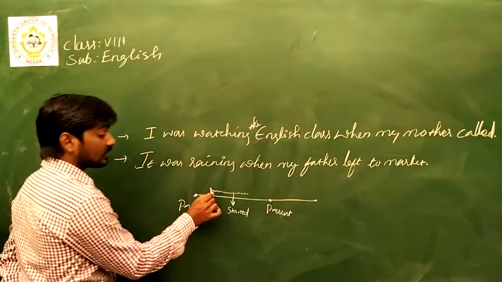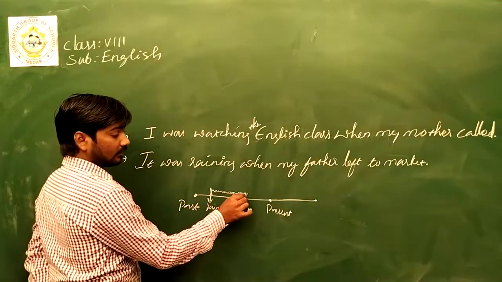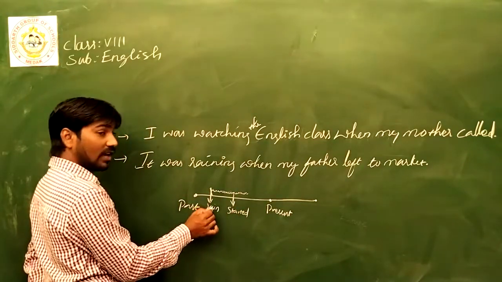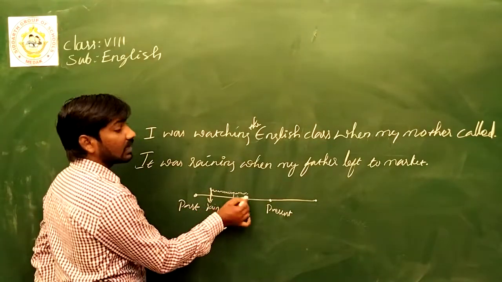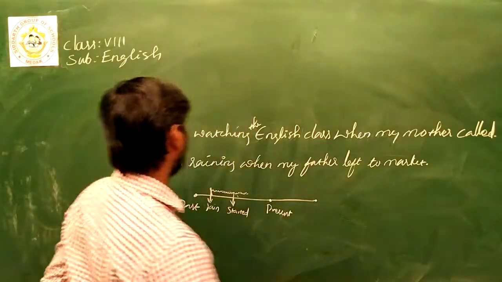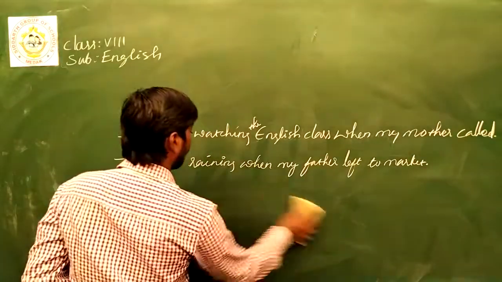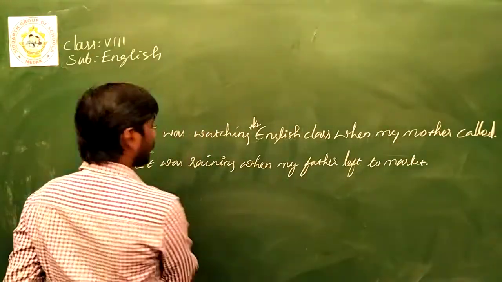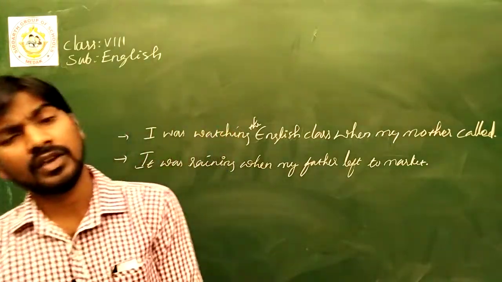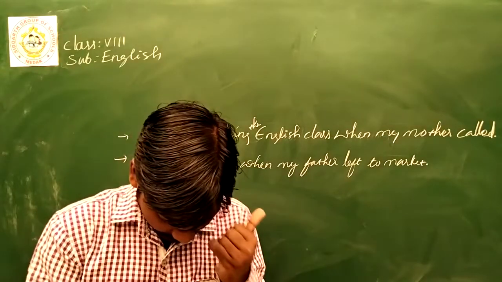So it was raining when father left. Which one started first? This is already going on, and then father started. Okay, this is past continuous tense. Just for your understanding, I am giving you another finished action along with it.